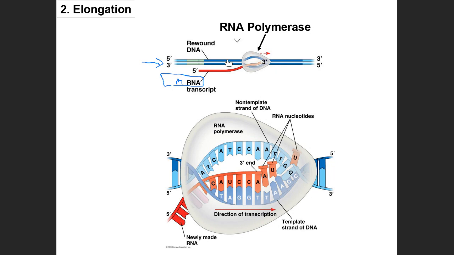So during transcription, the parent double-stranded DNA should never be permanently separated. It's only temporarily separated to allow for synthesis of mRNA. RNA polymerase will continue to move this transcription bubble downstream, synthesizing mRNA.